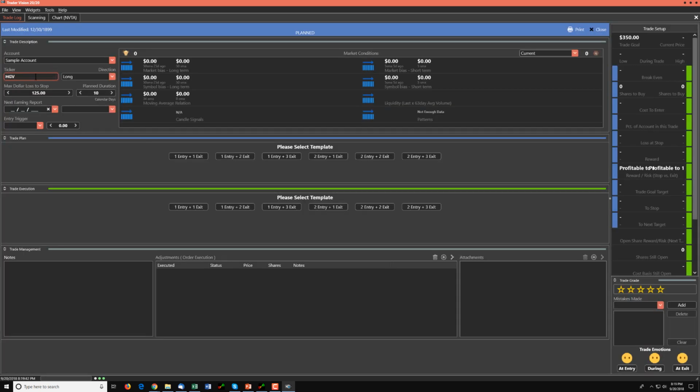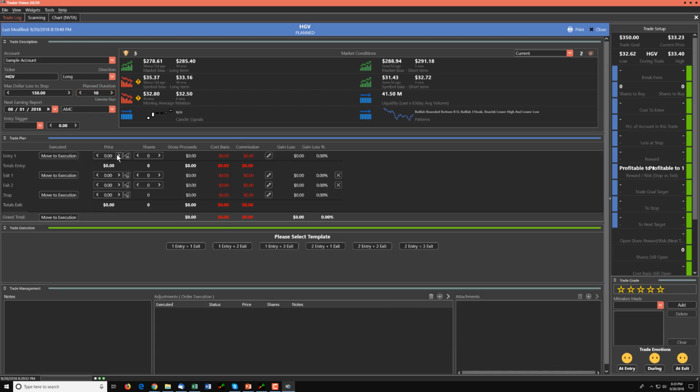HGV. Again, we've got at least a month for the trade to work, and let's see, one entry and 2 exits. 33.85 and 32.50, with the first target of 36.75 and the second target of 38.50.